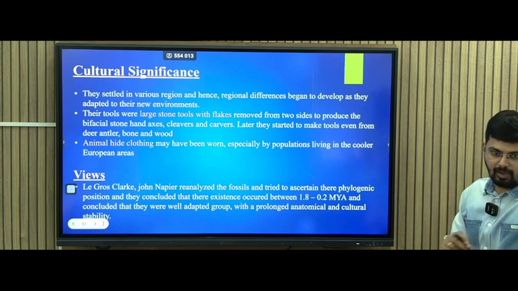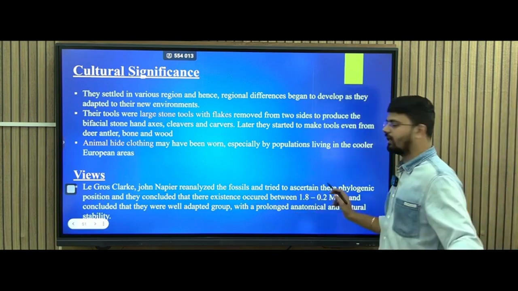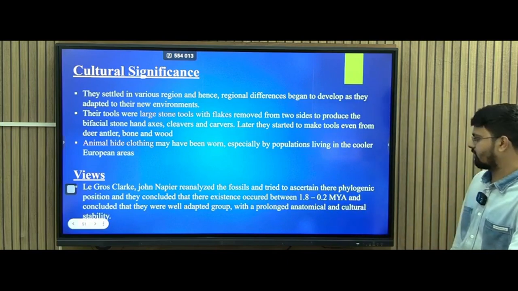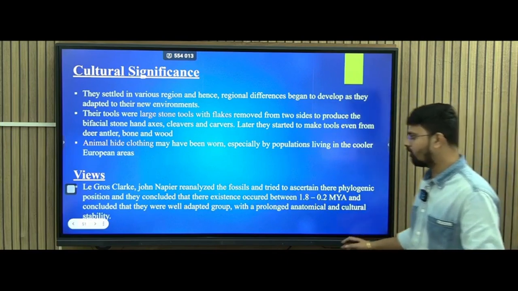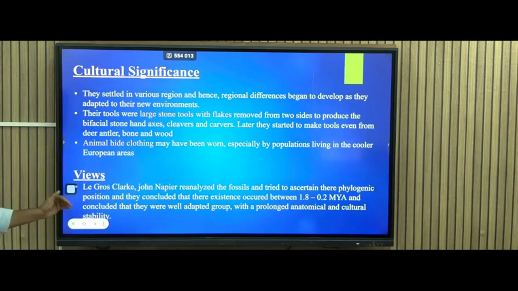How their evolution happened. Giving the time period as 1.8 to 0.2 million years ago, they concluded that they were a well adapted group with prolonged anatomical and cultural stability.